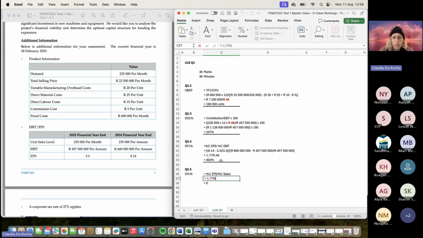It's once per annum and once per month. So let me just fix that. I'm going to say 300, that's my sales units times the 235 times 12. I'm going to say minus the same selling price per unit.